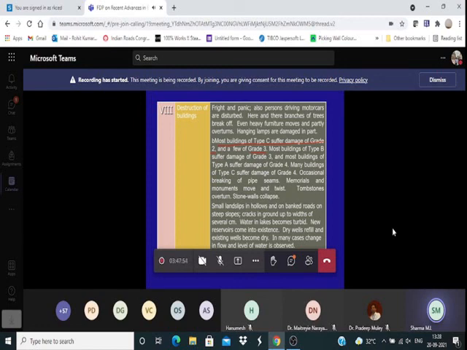So these intensity scales are to be understood from 3 points. One is that you have the interviews where no built environment is considered. Then you have the built environment, and because it's before you, you see what kind of building, how many of those kinds of buildings, what kind of damage, which grade is there, and depending on that, you fit it in your intensity scale and assign the intensity, that okay, this will be 8.